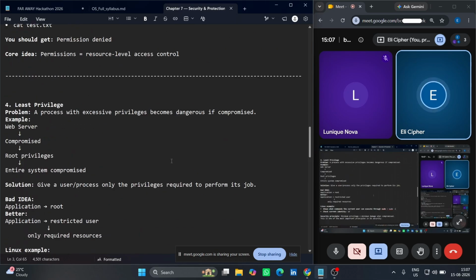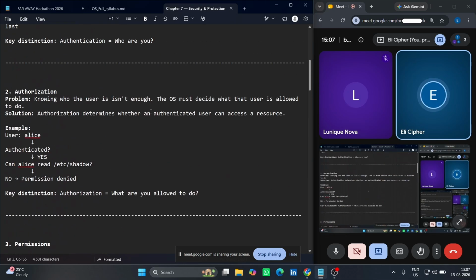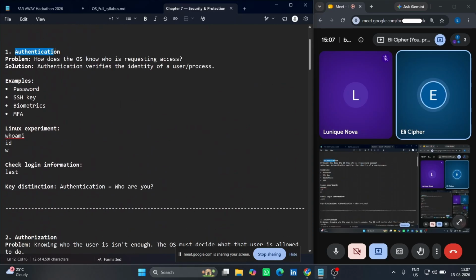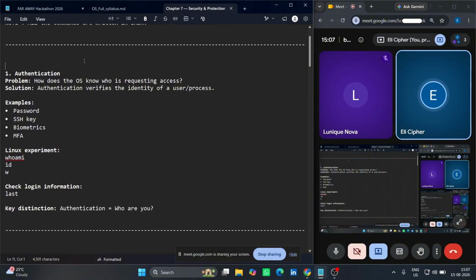Okay, so now we will start from our first part, authentication. What does authentication actually mean? Here's the problem. How does the OS know who is requesting access?